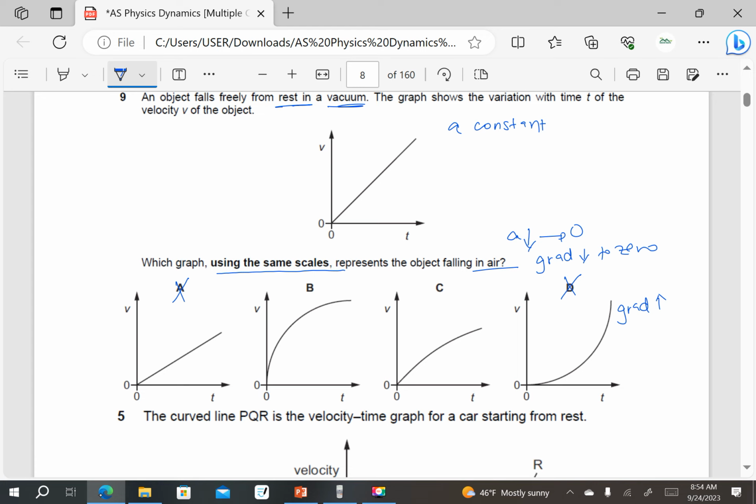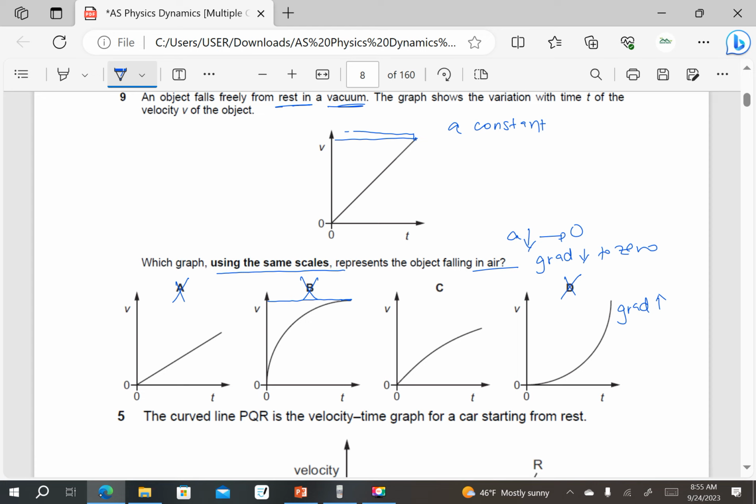Now, if there is air resistance, the acceleration decreases to zero. It means we reach terminal velocity, and we can't reach the same maximum velocity as before. This is what makes B wrong, because B shows that in the same time it reaches the same maximum velocity before it becomes constant.